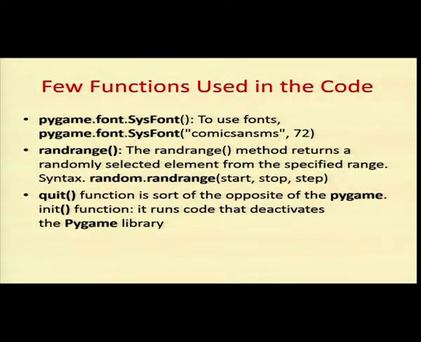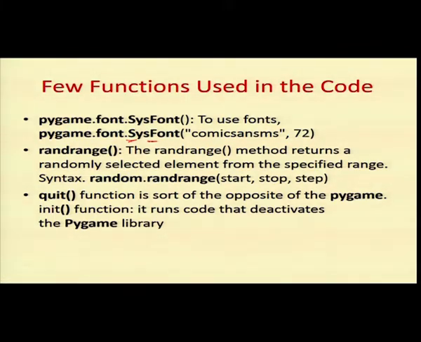This method will determine what are the fonts that the pygame supports. So to use the font, for example, it will be similar to this: pygame.font.SysFont, S capital, F capital, no space in between, open braces, Comic Sans. This is the font, comma 72 determines the size of the font.